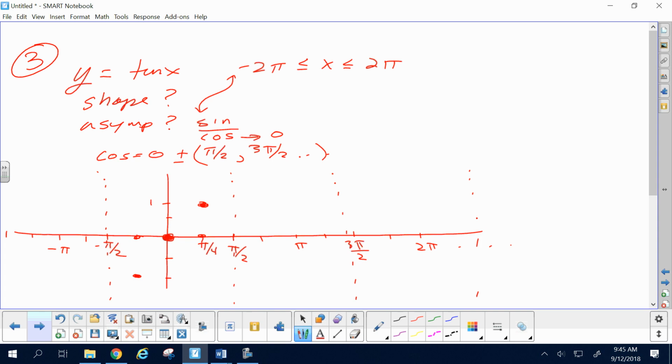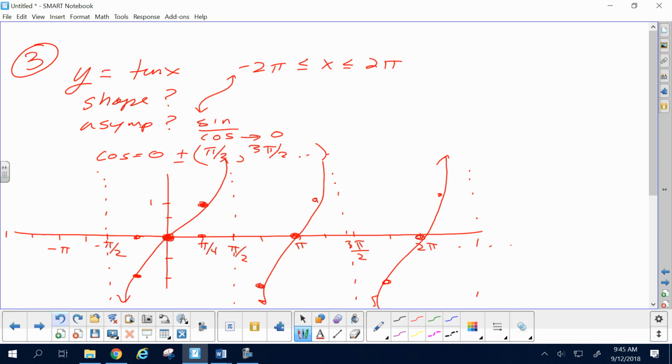So I should see 3 points per curve, and the asymptote's clearly done. After you get one curve, you just kind of wallpaper the rest. Show the rest of the pattern continues.